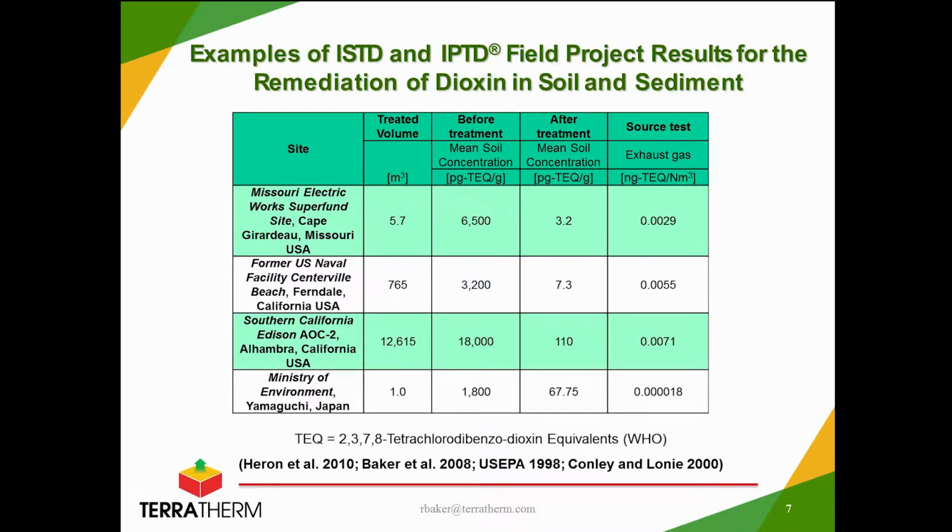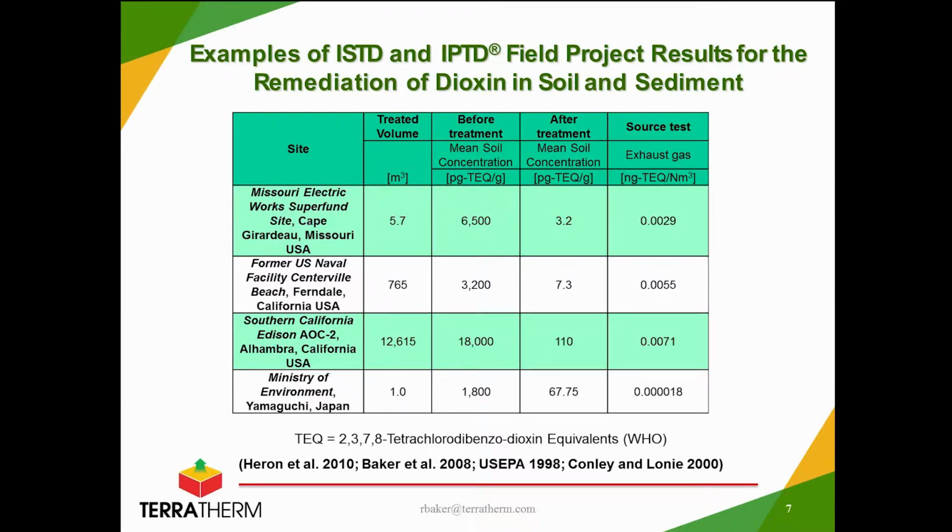The volumes treated varied, as you can see in the first column. The pretreatment concentrations, though, across the board were high in terms of picograms of 2378 tetrachlorodibenzodioxin equivalents, or TEQ, per gram. Post-treatment, though, the concentrations in the soil are very low, and in fact much lower than the 1,000 picograms per gram target that applied to these projects.